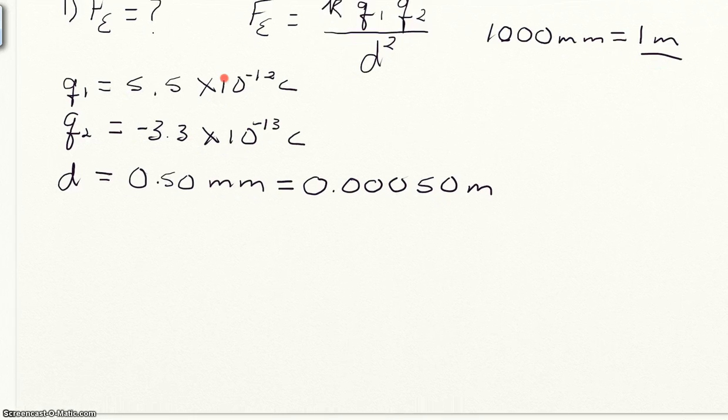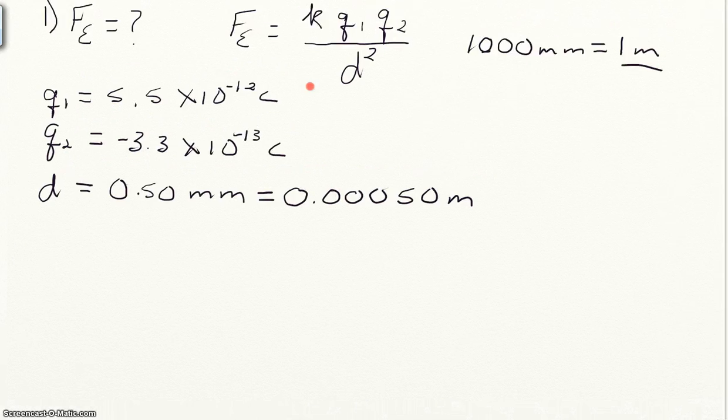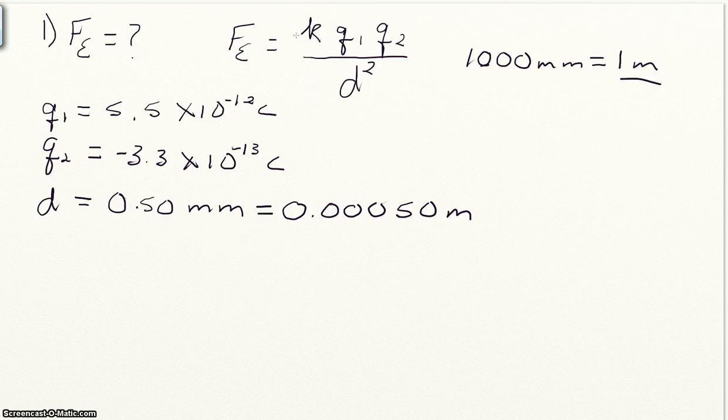Okay, so now I'm going to move this up a little bit, and then I'm going to plug everything in to what we had for our Coulomb's law. I'm going to use this equation here and plug it in. Alright, so I'm going to say electric force is equal to, I'm going to start with my K constant, which is 9.0 times 10 to the 9th power newtons meters squared divided by coulombs squared.